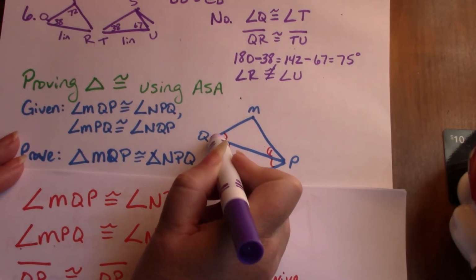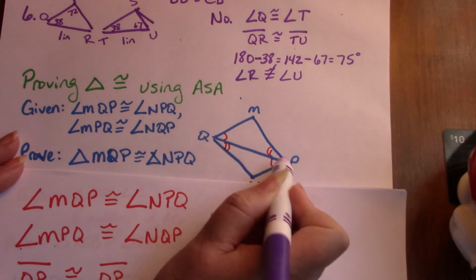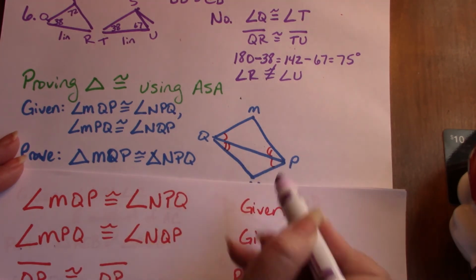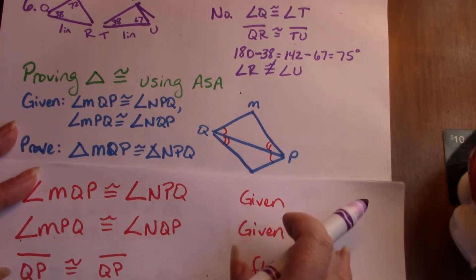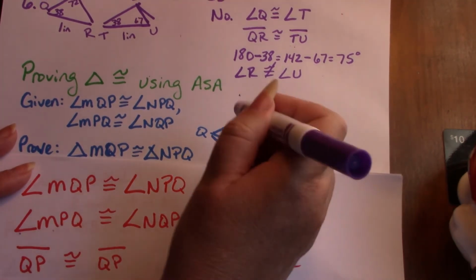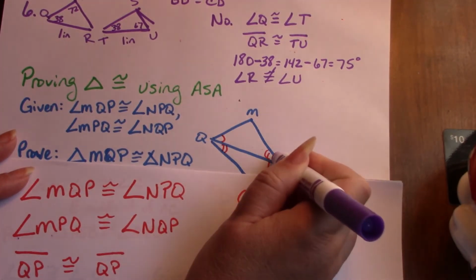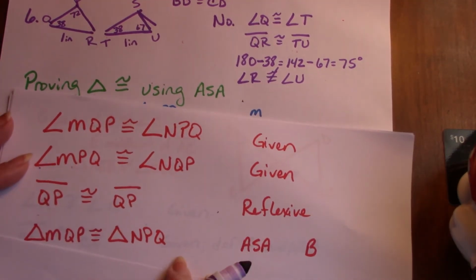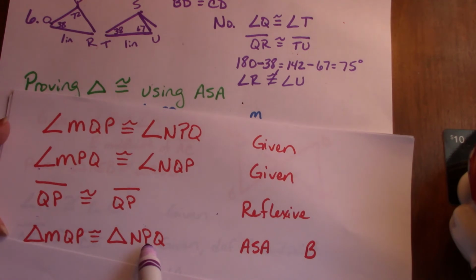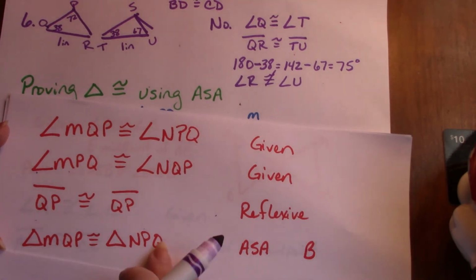We also know that line QP is congruent to line QP because of the reflexive property. They are the same line, therefore it's congruent to itself. And that gives us angle, side, angle, which lets us know that these two triangles are congruent.